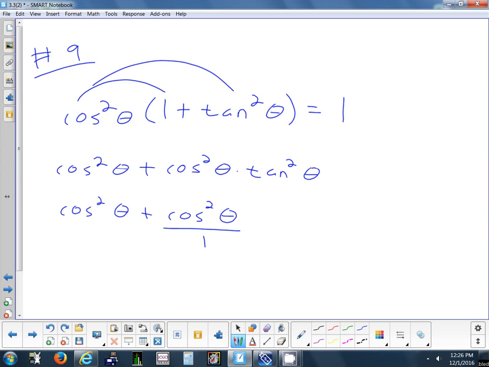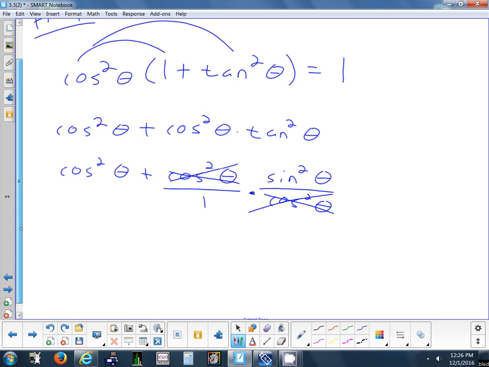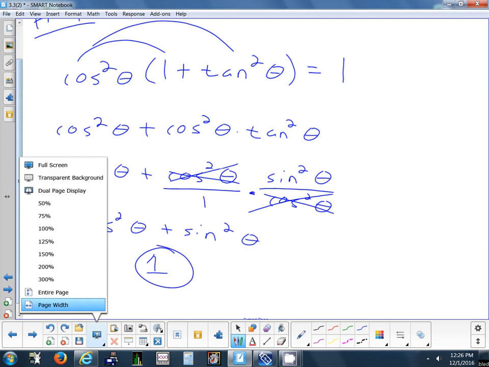And I'm just going to give that a denominator of 1. And tangent squared is sine squared over cosine squared. Now, because that's multiplication, I can cancel my numerator and my denominator, that's cosine squared. And I'm left with cosine squared plus sine squared, which is an identity we've seen at least 5 or 6 times now. Cosine squared plus sine squared gives me 1.